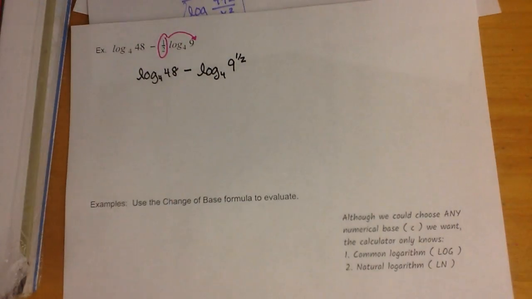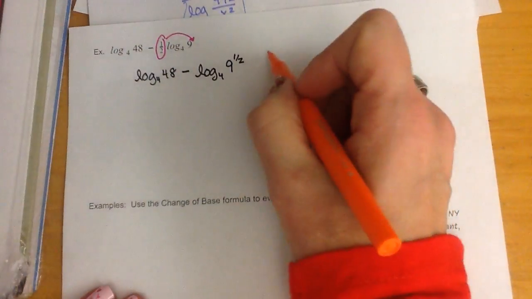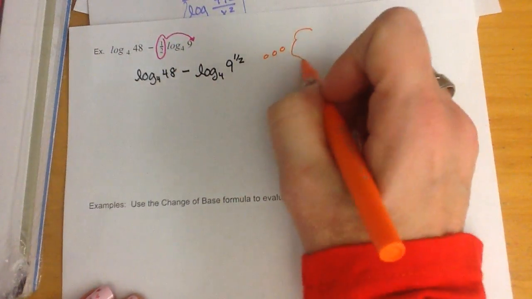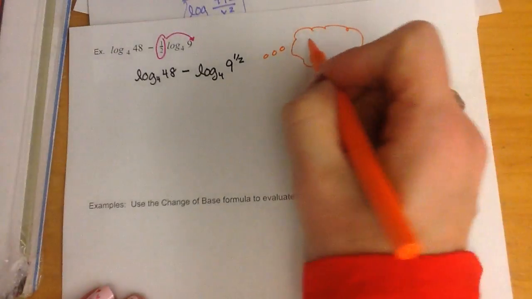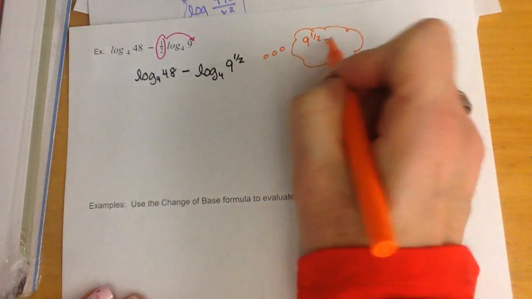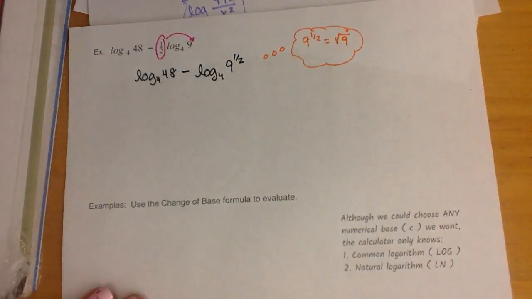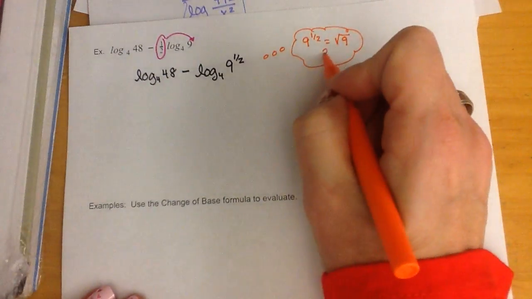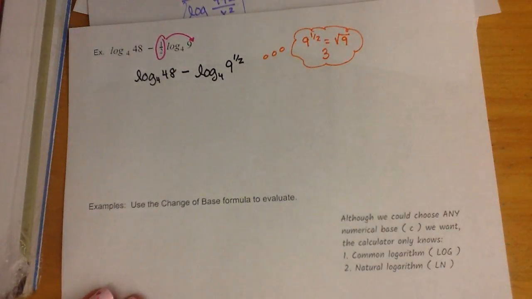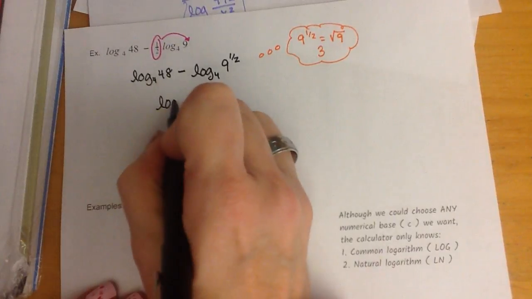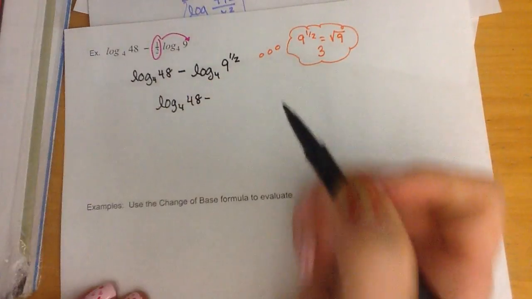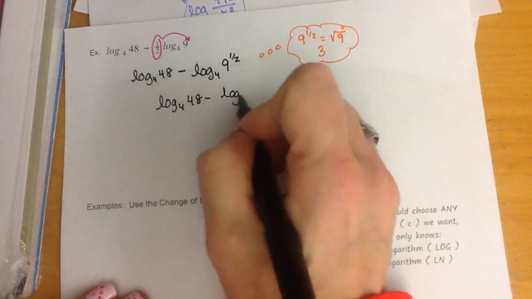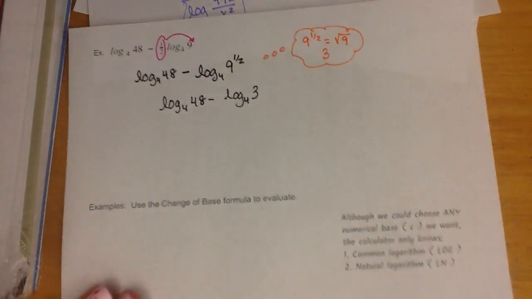Now I remember that 1/2 exponent. A 1/2 exponent means a square root. So 9 to the 1/2 is the square root of 9, which simplifies to a plain old 3. So I'm really doing log base 4 of 48 minus log base 4 of 3.